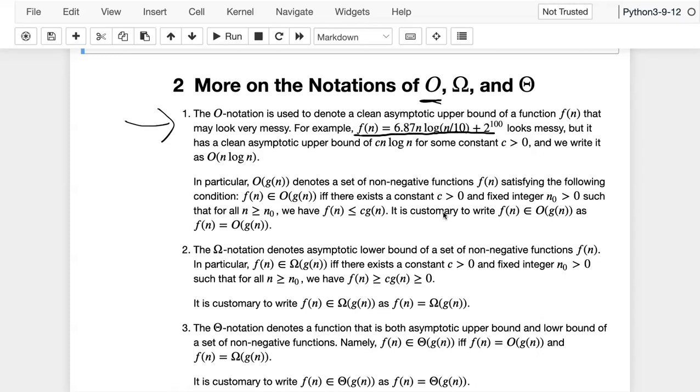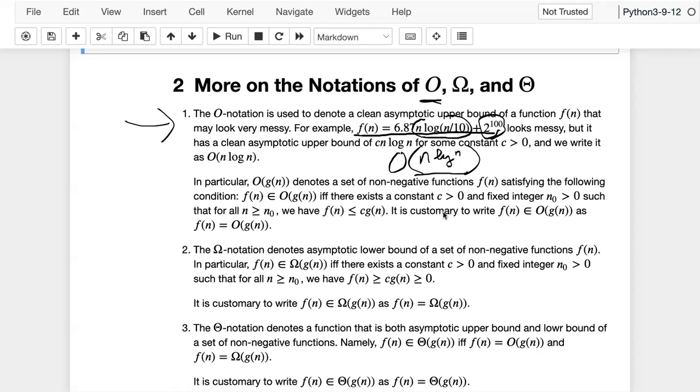Let's look at the highest order term. No matter how big this number is, it is still a constant. This is n log n divided by 10, but that is equal to log n minus log 10. So the highest term is n log n. Then we can use big O of n log n to cover this particular f of n.